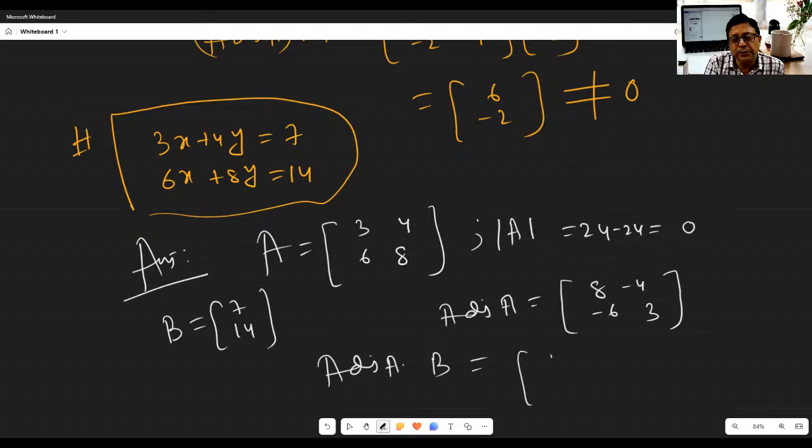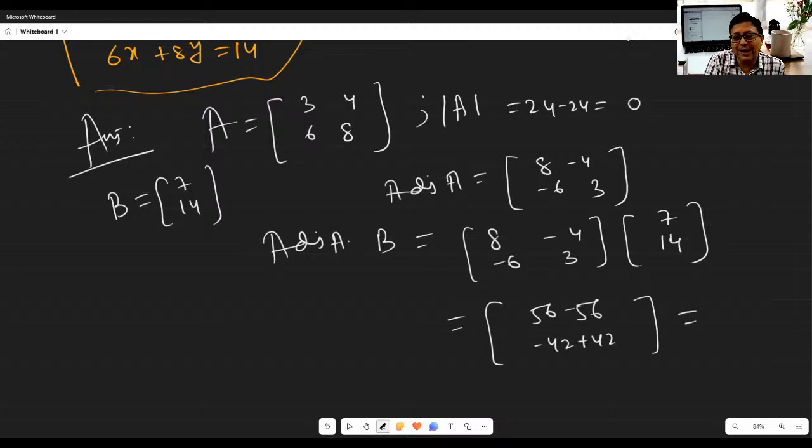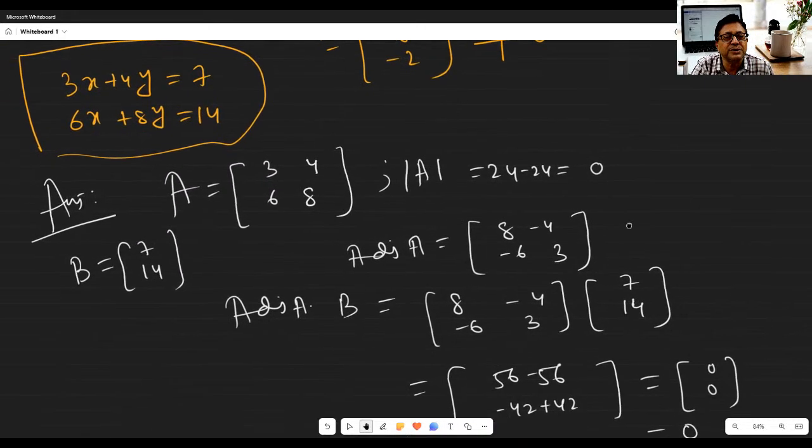So adjoint A into B you calculate: minus 6, 3 multiplied by 7 comma 14, isn't it? So these two if I multiply, adjoint A into B is coming zero matrix. So infinitely many solutions. This is the ideal case of infinitely many solutions, isn't it?